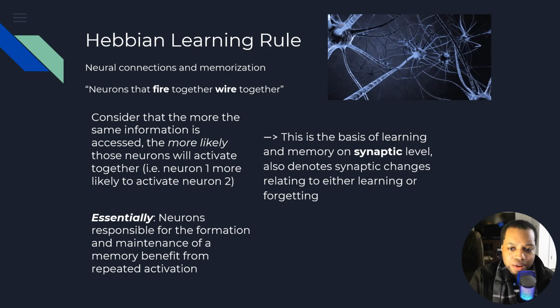So neuron 1 is more likely to activate neuron 2. And by that, I just mean the neurons corresponding to a specific memory, also known as a memory trace or an engram trace.